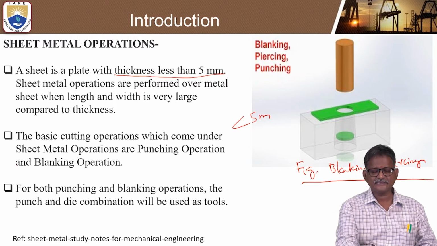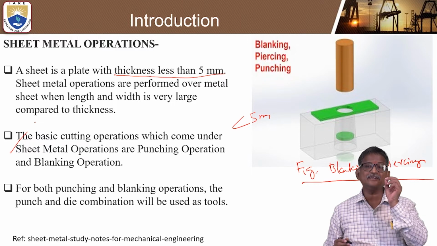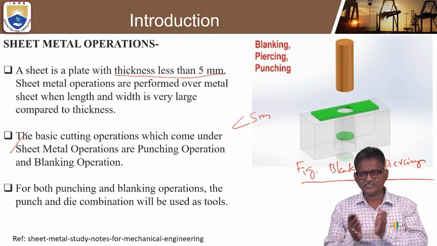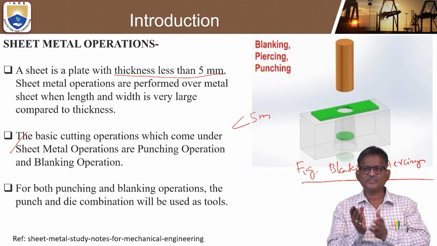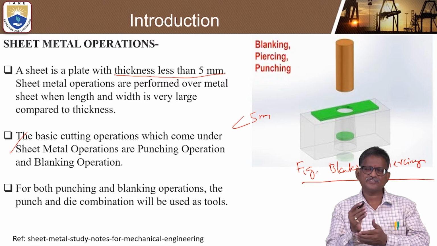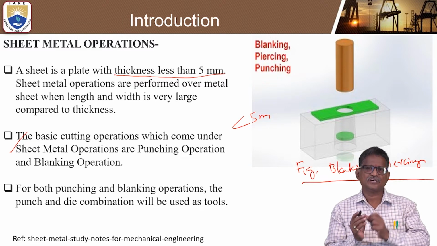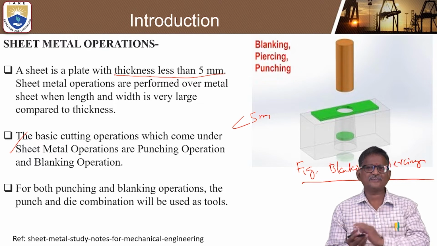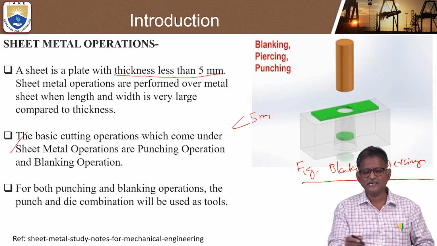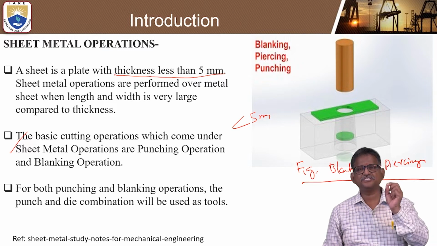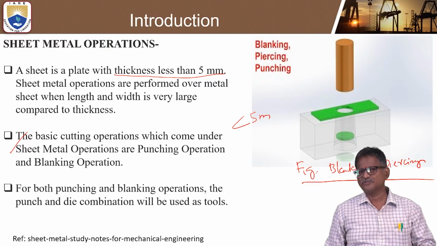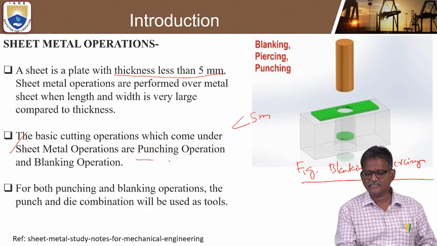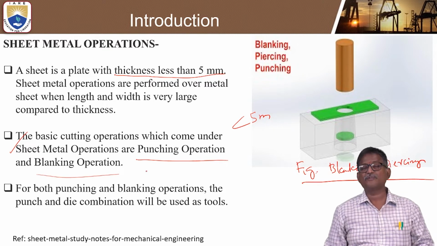The second interesting thing is the basic cutting operations. Whenever you want to cut a sheet, fold a sheet, or remove a portion of the sheet in certain dimensions, the basic cutting operations come under sheet metal operations, most widely named as punching operation and blanking operation.